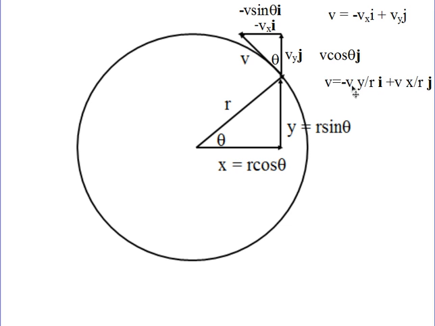So ultimately, this expression for the velocity that we had here can be written this way. There is negative v sine theta in the i direction and v cos theta in the j direction.